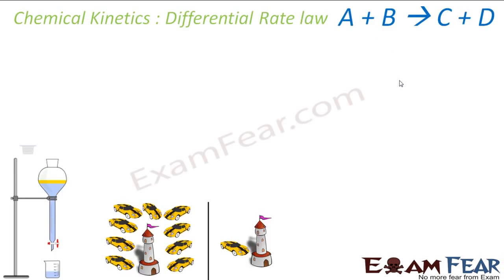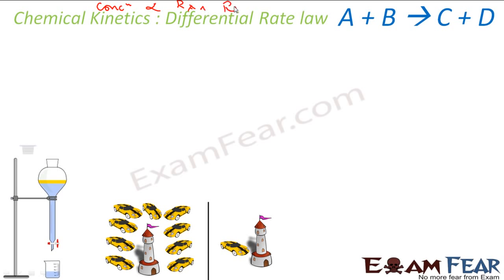For a given reaction, for example A plus B gives C plus D, the concentration has a huge role. So chemists thought, let's focus on the concentration first, on its impact on the rate of reaction. We'll be talking about how concentration impacts reaction rate.